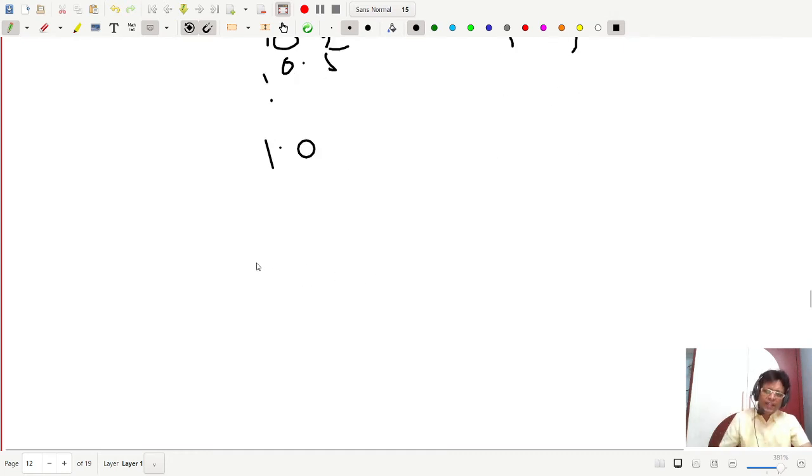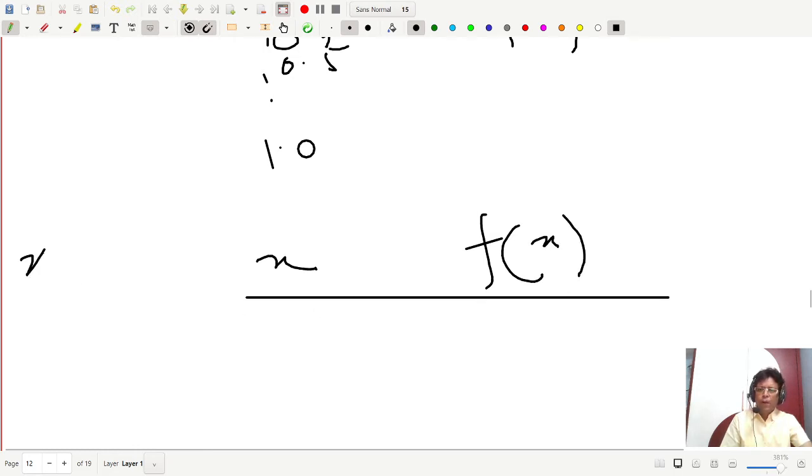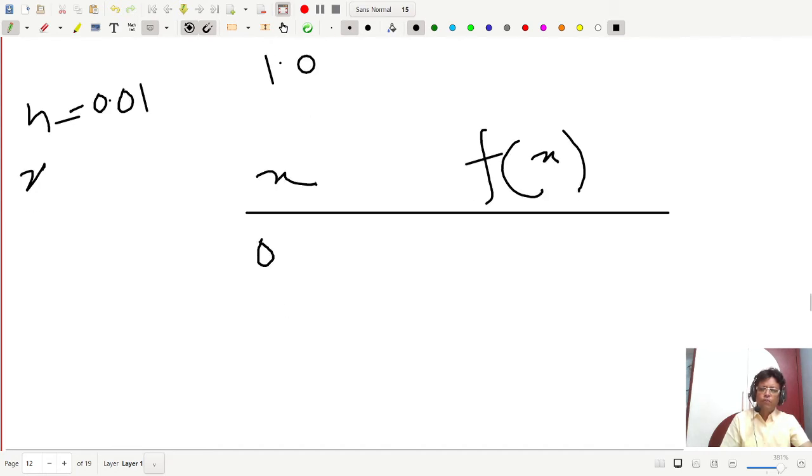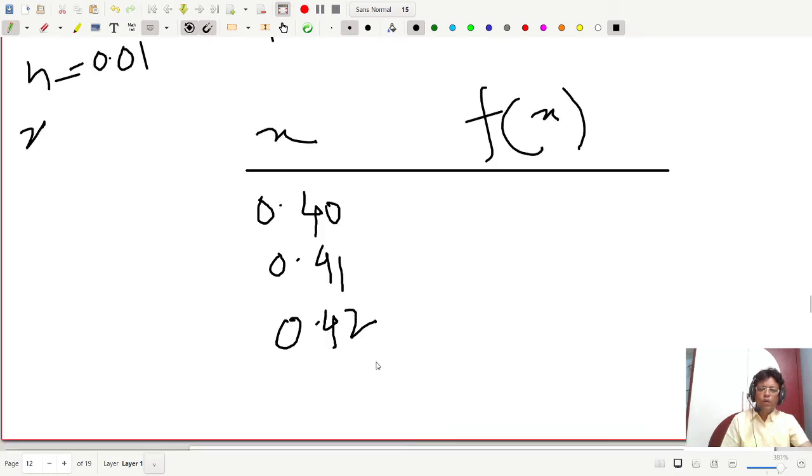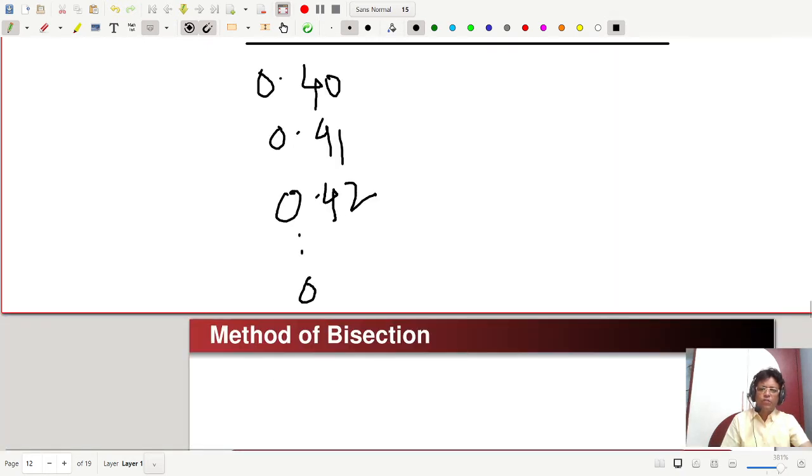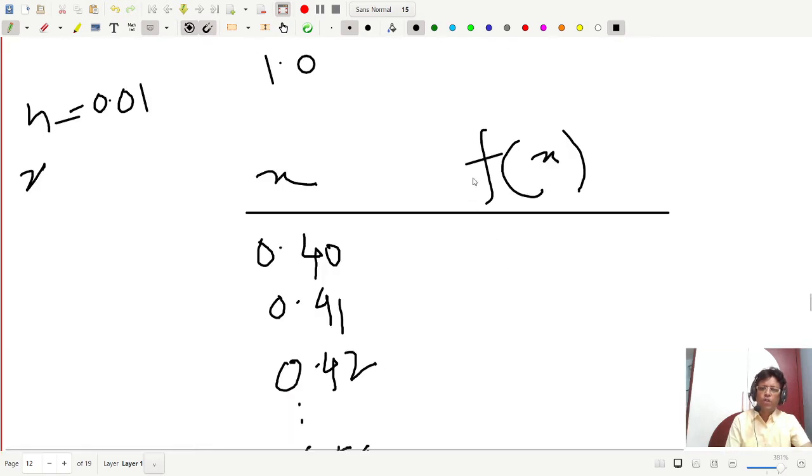You can again tabulate between 0.4 and 0.5 with step length 0.01. So your first value will be 0.40, next will be 0.41, then 0.42, etc., and lastly you have 0.50. Again, this is called improvement of the roots, and so on.